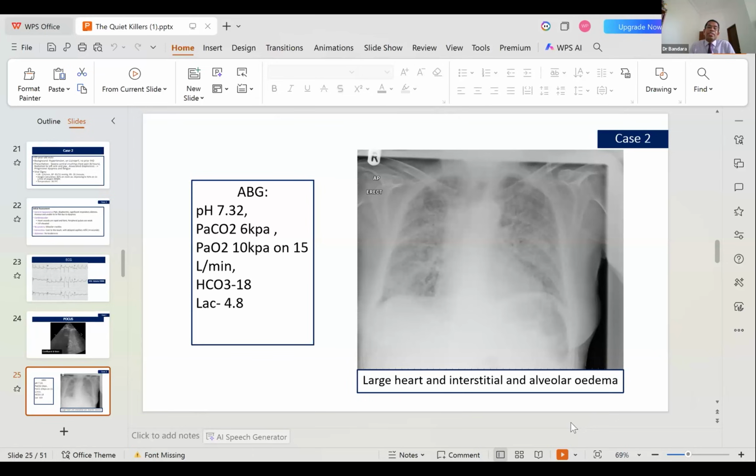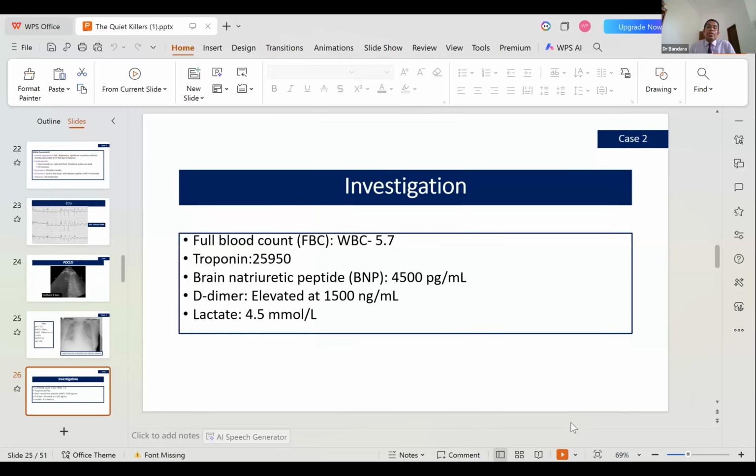His ABG is showing a metabolic acidosis, actually a mixed metabolic and respiratory acidosis, and a lactate of 4.8. His main investigations came back with troponin significantly elevated, BNP elevated, D-dimer elevated, and the lactate also significantly elevated.